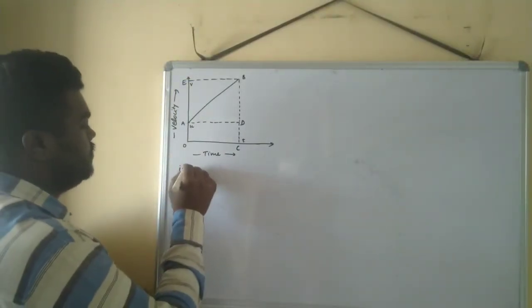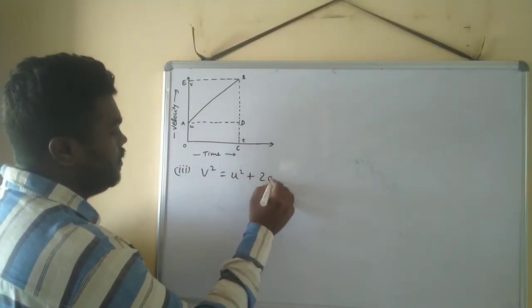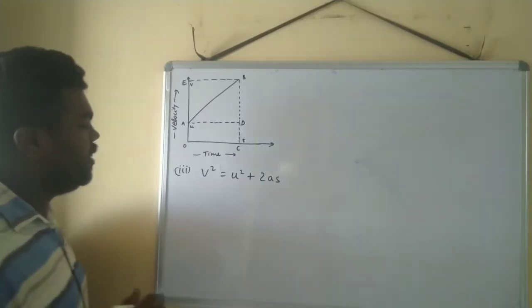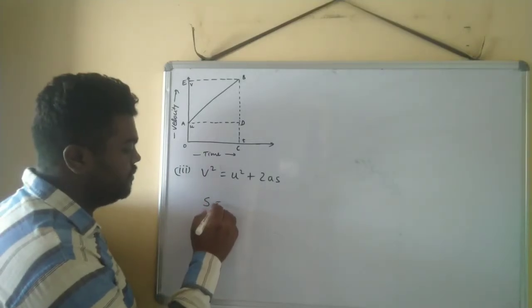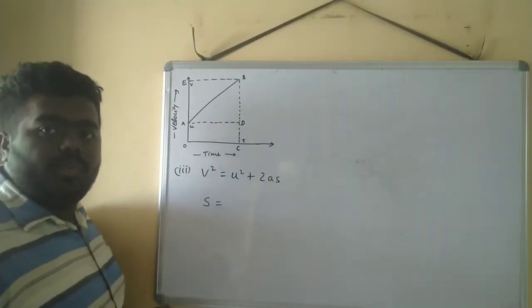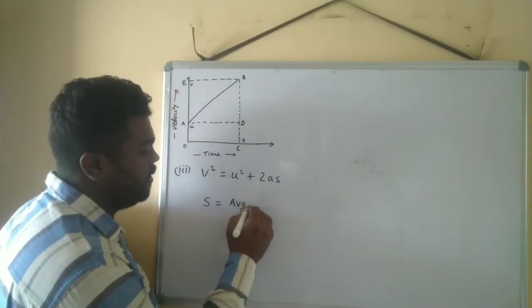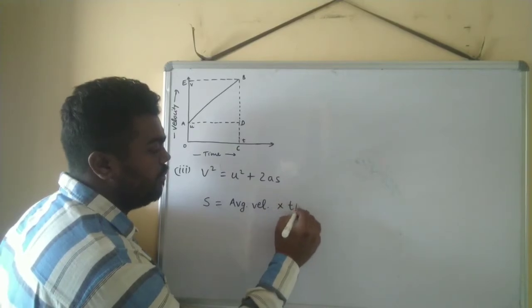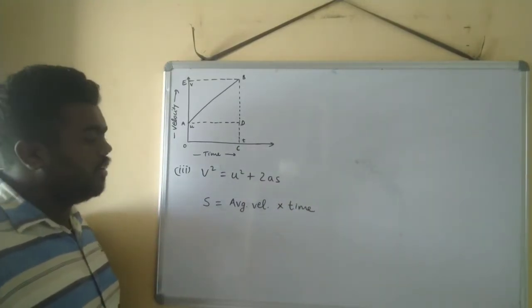Third is V square is equal to U square plus 2AS. Okay, now remember the formula: displacement S is equal to average velocity into time.